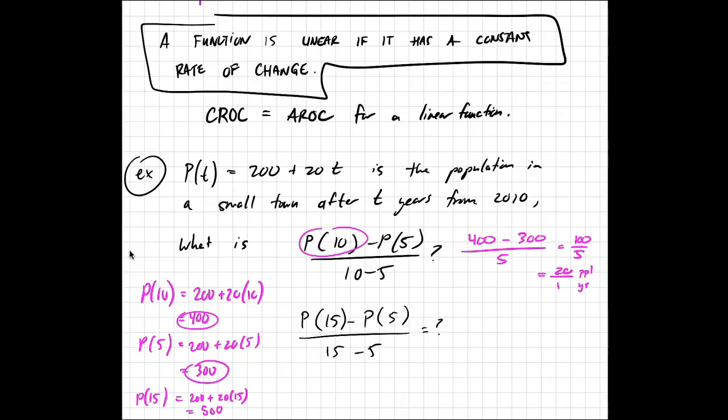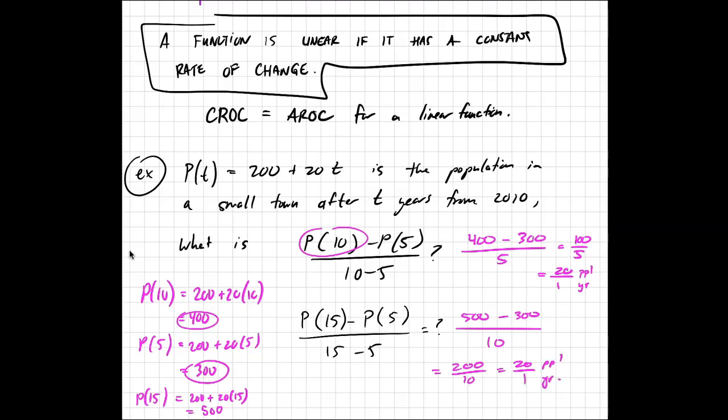And if this is linear, that means these average rates of change should all be the same. So P of 15 minus P of 5. Well, P of 15 is 500, P of 5 we said was 300, all over 15 minus 5, which is 10. Well, that's 200 over 10, which is also 20 over 1, 20 people per year.